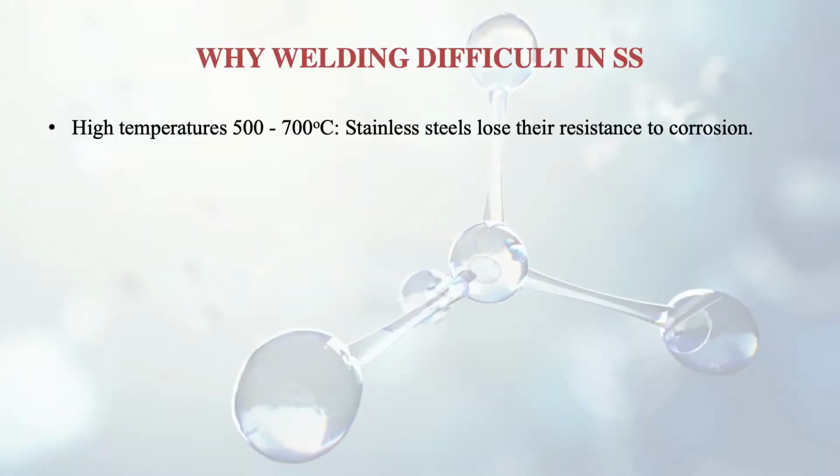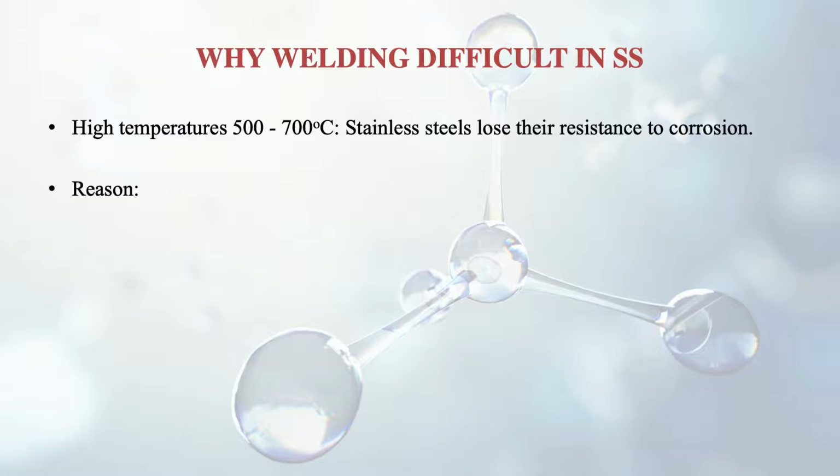Now we see that SS is very good, but we face welding difficulties in the case of stainless steel. Now we will see why it happens and what the temperature range is. In the high temperature range of 500 to 700 degrees centigrade, stainless steels lose their resistance to corrosion.